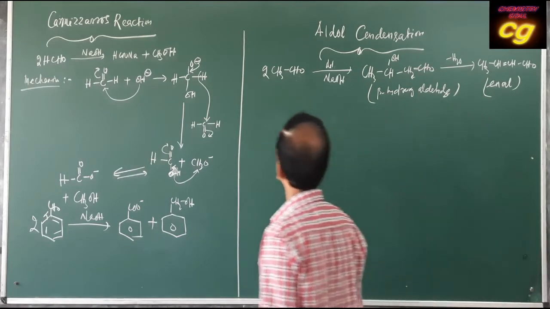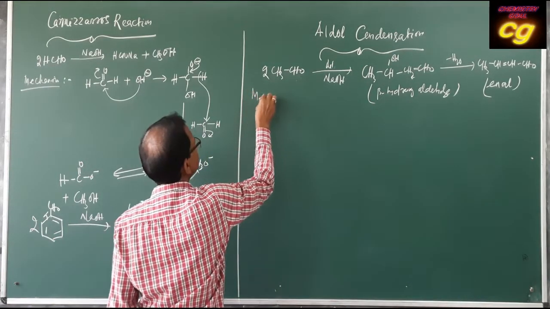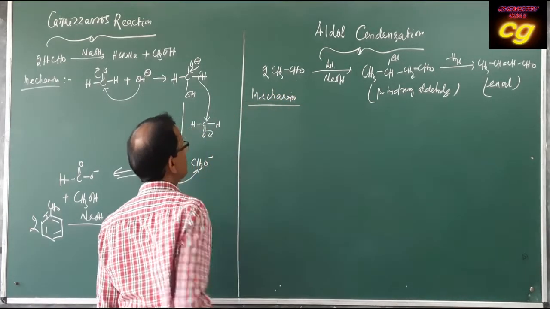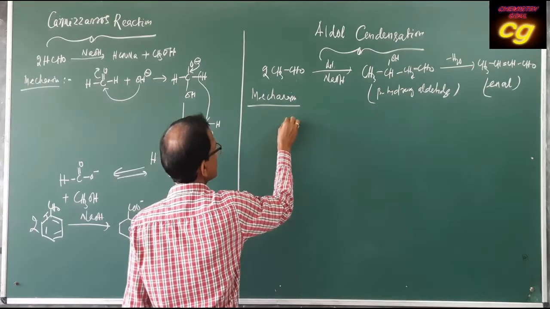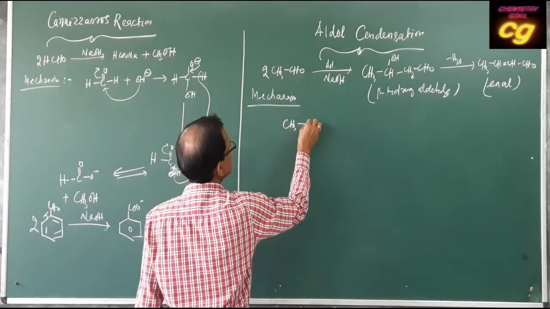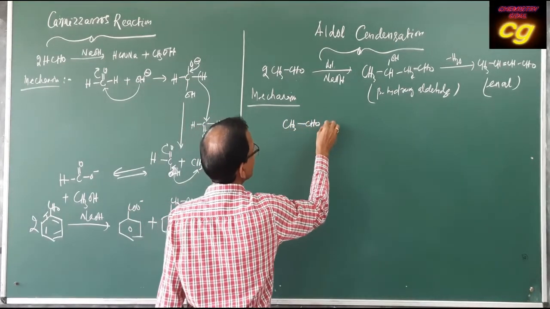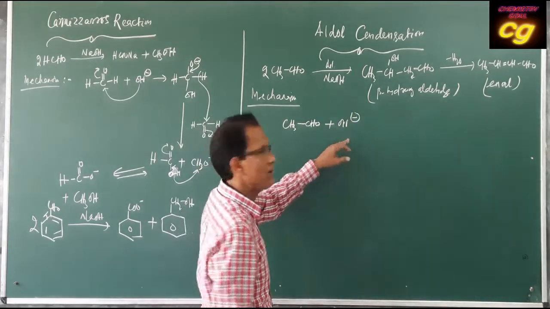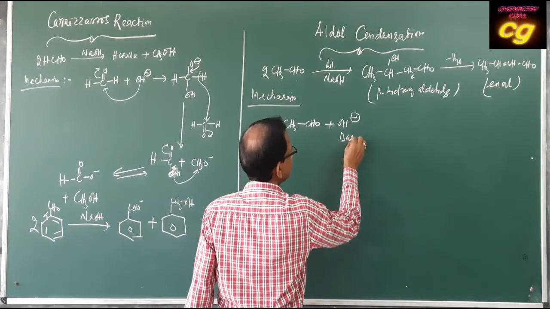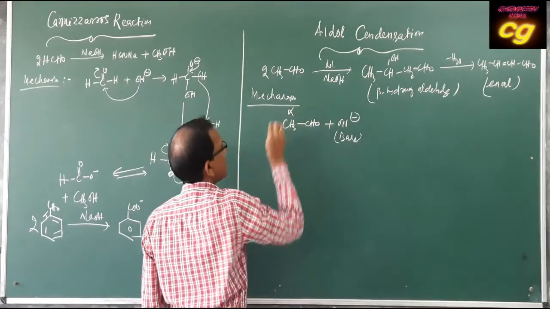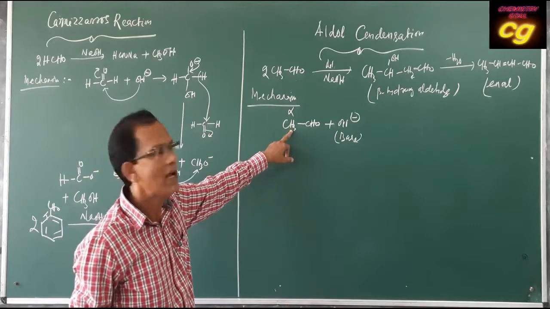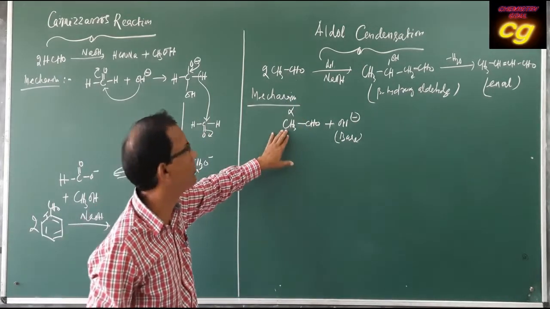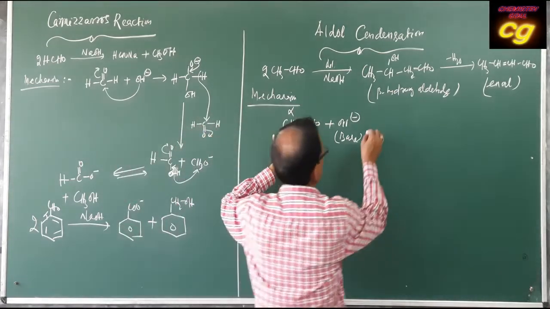Okay, what is the mechanism? Let us discuss. First step, what happens? This CH3CHO in the presence of OH minus. Now OH minus acts as a base. As the alpha carbon has alpha hydrogen, and the alpha hydrogen is attached to an electron withdrawing group, that hydrogen will be acidic and it loses H plus.